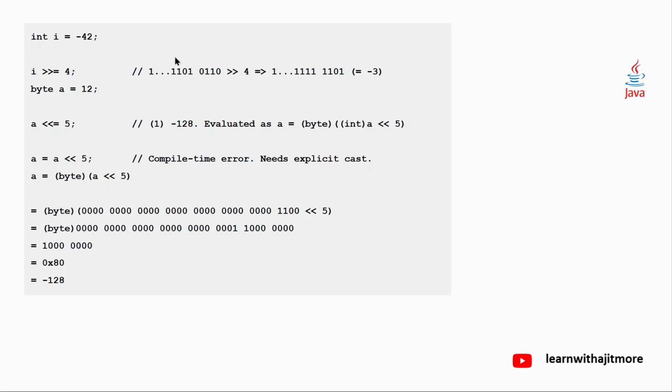Now I'll not tell you this is the 2's complement of plus 42. 42 in binary, and as it is negative, you have to take its 2's complement. This is that 2's complement. Now you're shifting it 4 times. So after shifting it 4 times, see here, this 4 goes out. This will come down. Okay, so this is the answer.